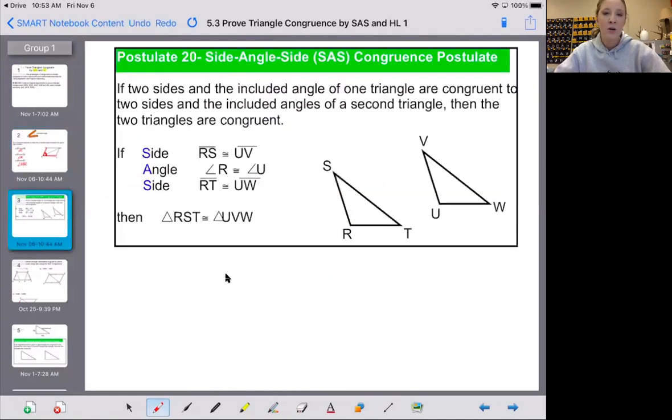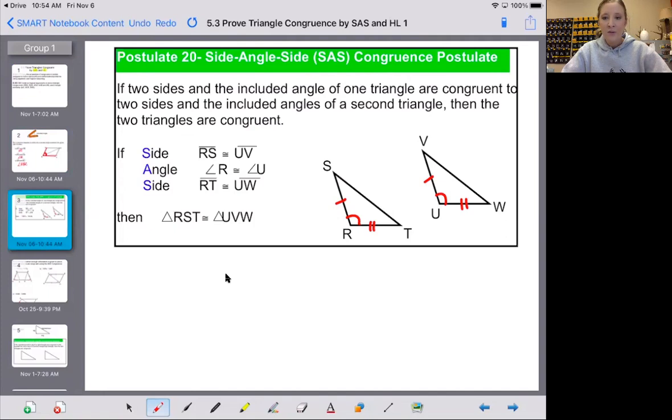So that brings us to our first shortcut for the day, which again is side angle side. And so the best way to see side angle side is for us to basically just mark the pictures that you see here in the postulate. So I'm going to skip down to where it says if side RS is congruent to side UV and angle R is congruent to angle U and segment RT is congruent to segment UW, then triangle RST is congruent to triangle UVW.